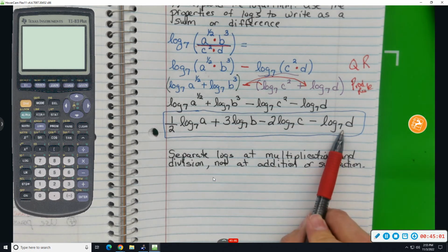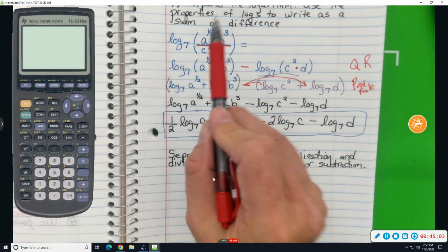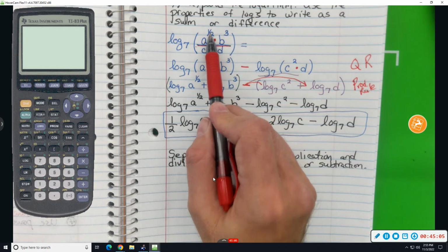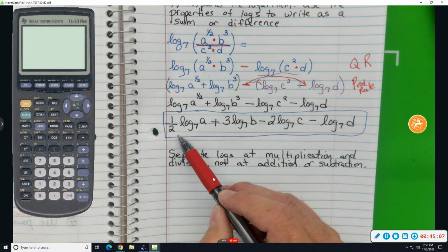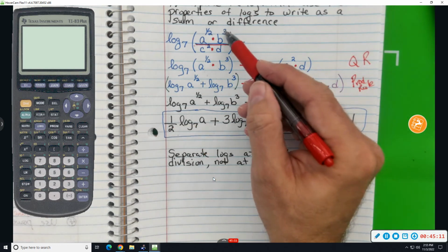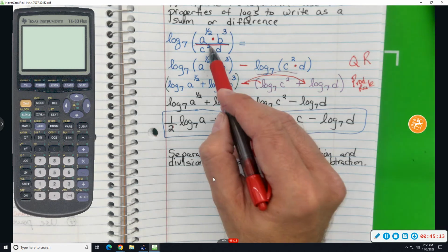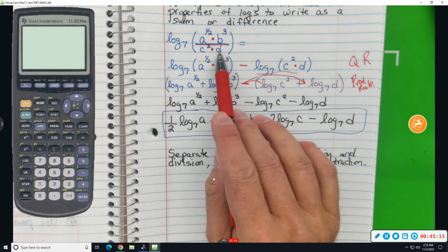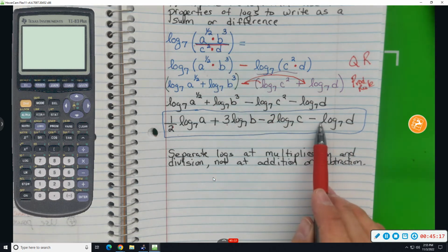Okay? The exponents go where? Looking at this and the final answer. The exponents go in front of the letter L. There's no exponent on the d, so you don't put a number in front of the letter L.